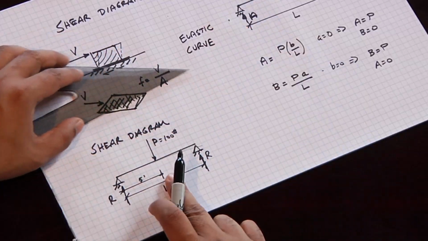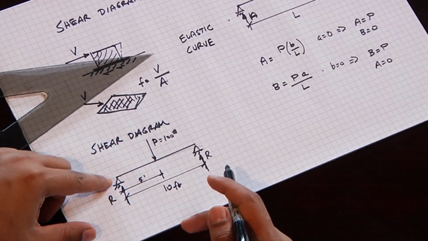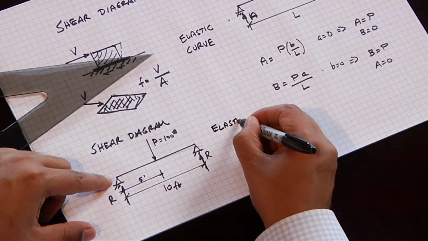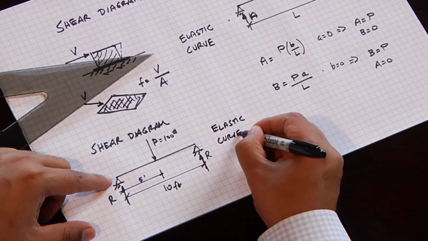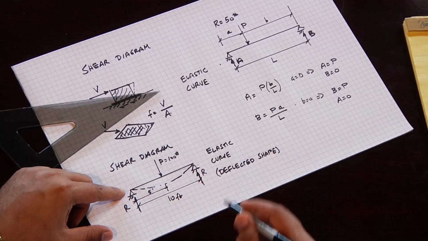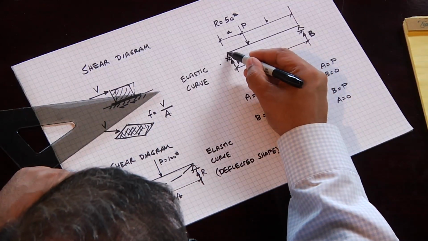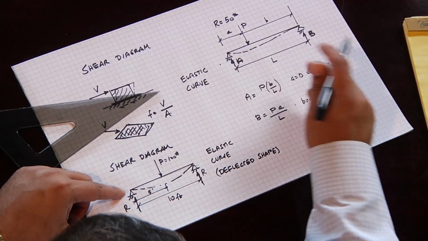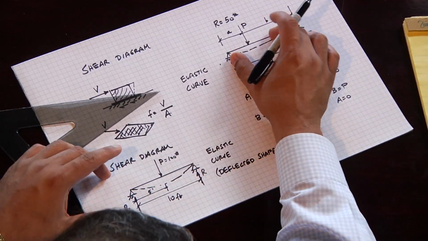Let me go back down to this structure over here, the one that we started with, and if I try to draw the elastic curve, which is also called the deflected shape, this structure looks something like this. This structure will look something like this. And that tells us what is happening internally to that structure. So let's go and let's try to draw a shear diagram.